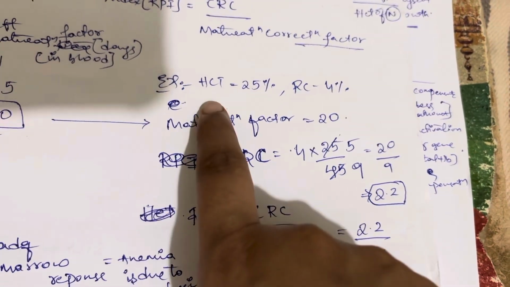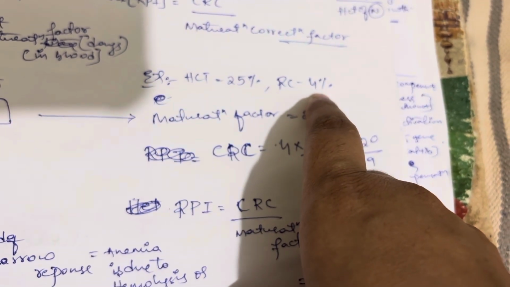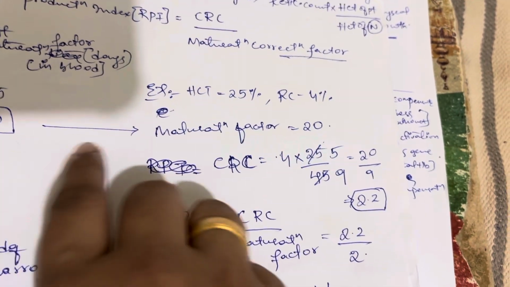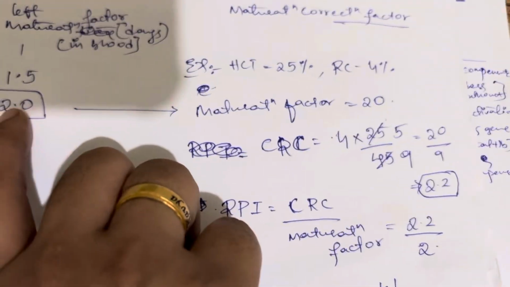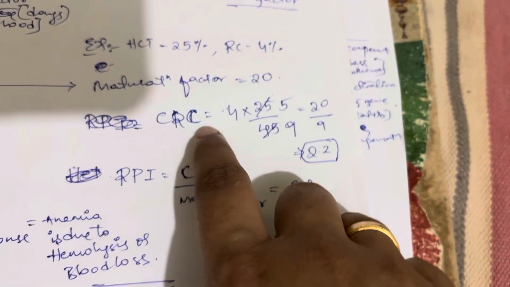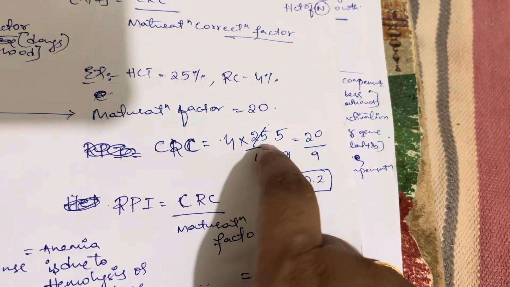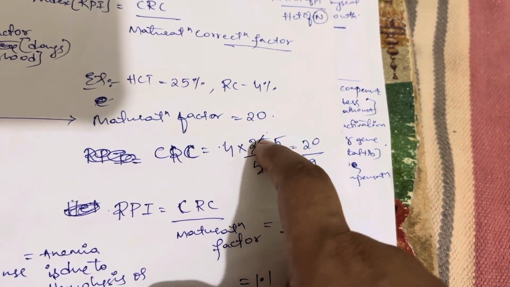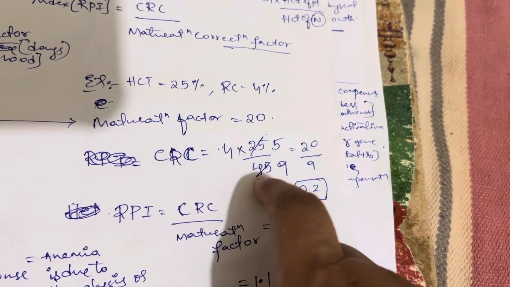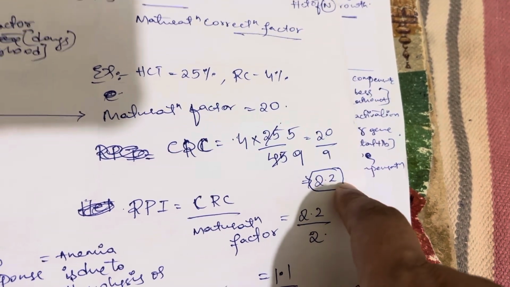Suppose hematocrit is 25 and reticulocyte is 4%. Here the maturation factor is 2. The corrected reticulocyte count will be reticulocyte count times hematocrit of the patient divided by normal hematocrit, that is 4 times 25 divided by 45, which comes out to be 2.2.